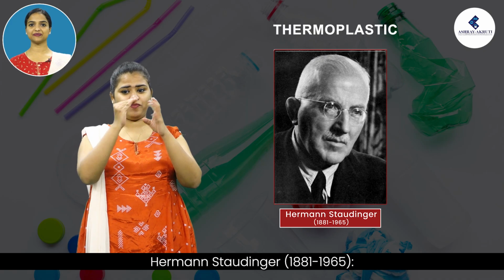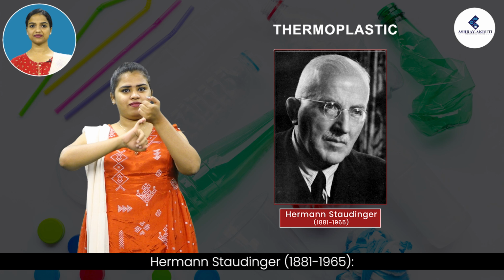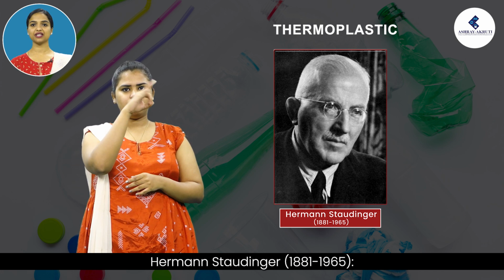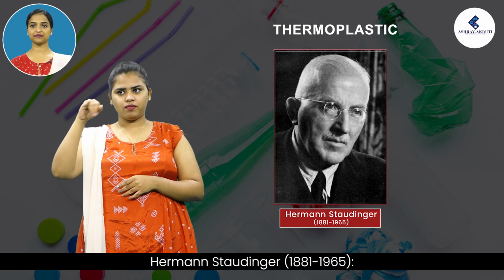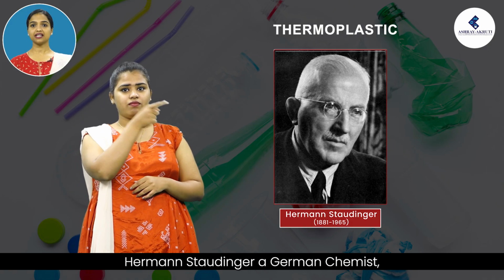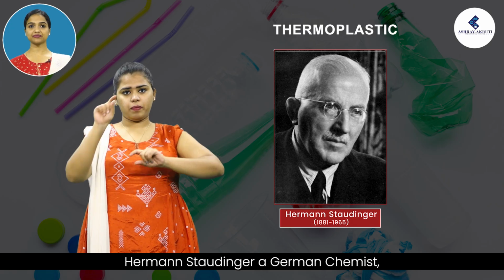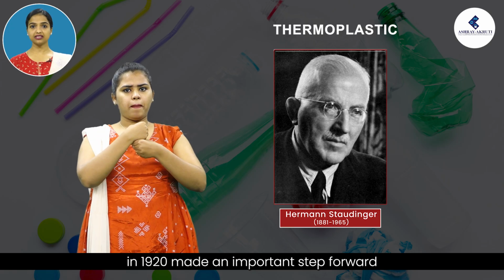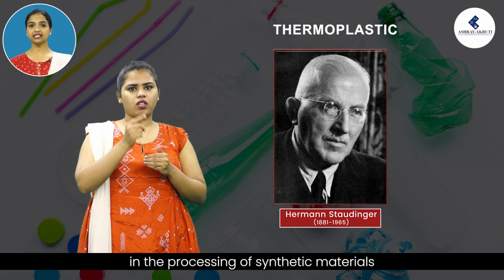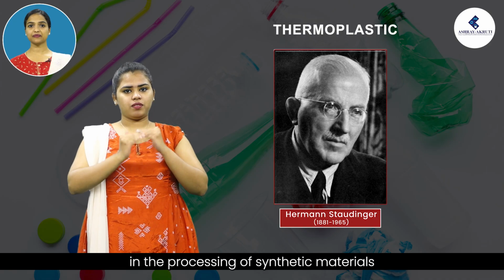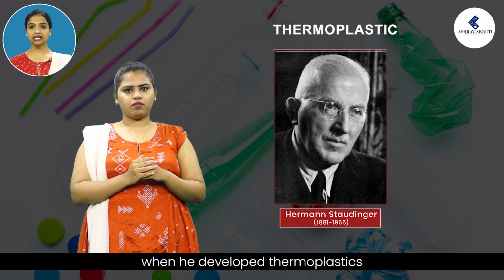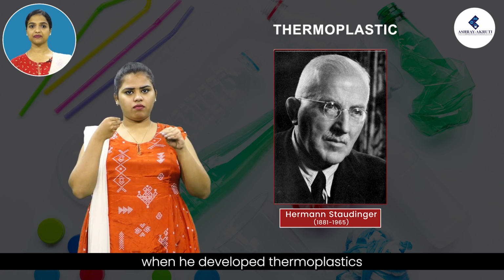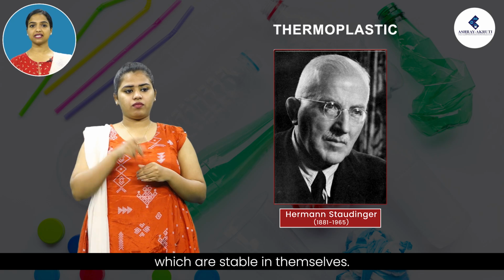Hermann Staudinger (1881 to 1965). Hermann Staudinger, a German chemist, in 1920 made an important step forward in the processing of synthetic materials when he developed thermoplastics, which are stable in themselves.